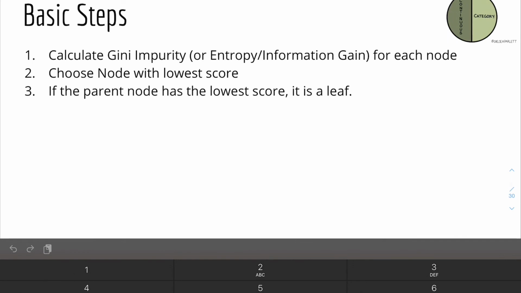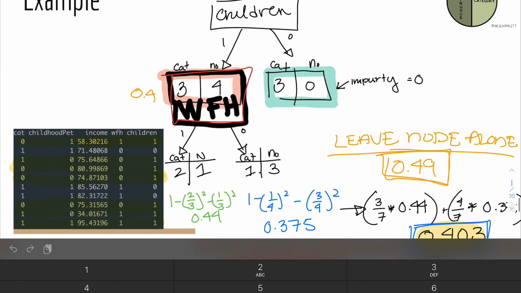So essentially, which split does the best job of splitting things into the correct categories? And then if we're ever adding a layer, we're going to compare not only does this split do well, but does it do better than leaving the node alone? So we saw here that when you use work from home, it does improve the impurity.